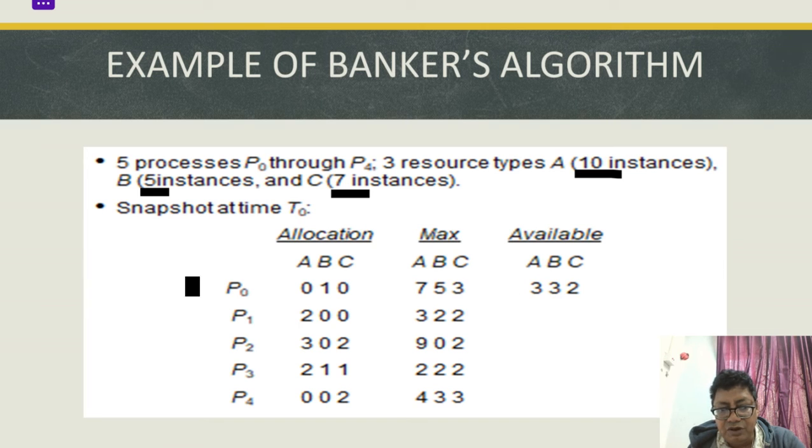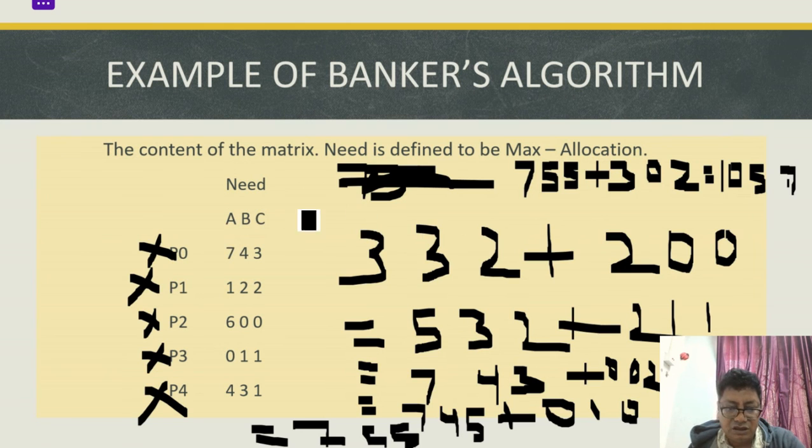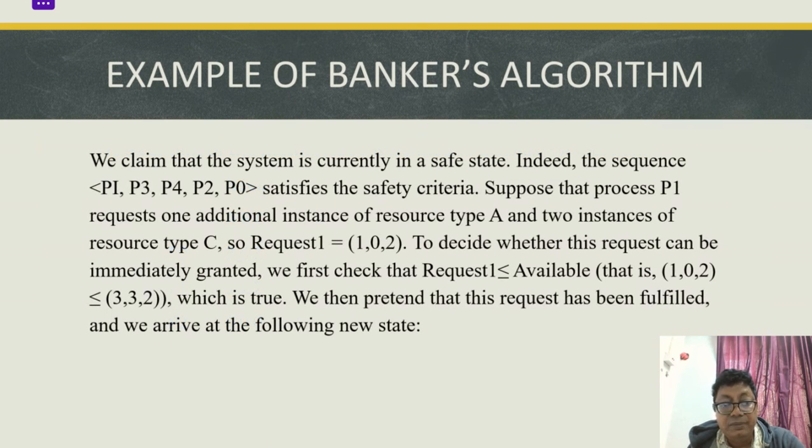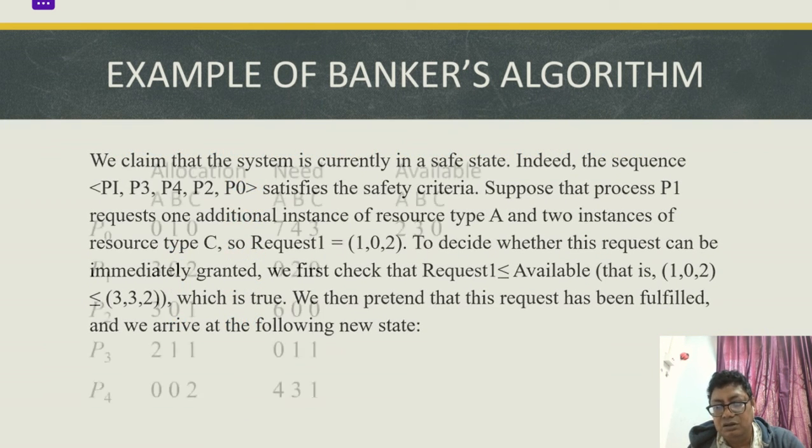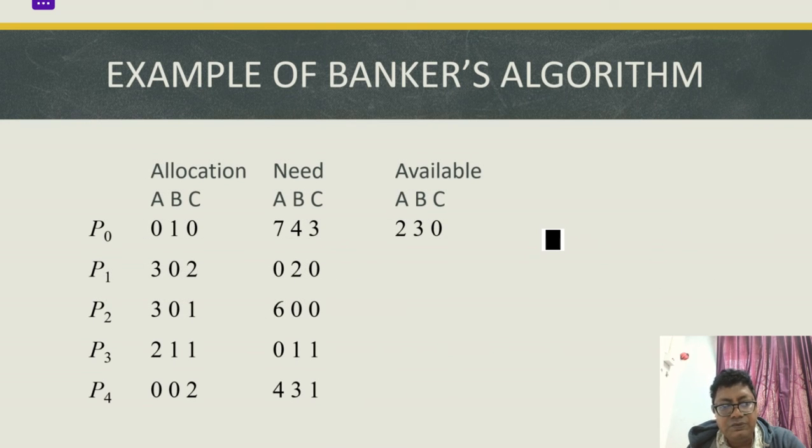So at the end of all processes, you will return all the resources to the OS. If you are unable to identify the safe sequence, then it may be under a deadlock. That is the Banker's algorithm problem, and that is the way to solve this problem.